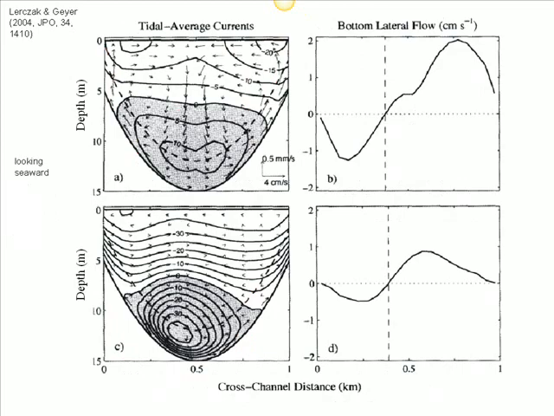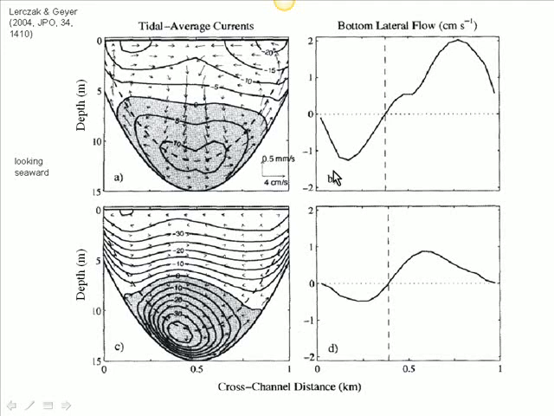Here are the results when you add rotation to the numerical solution. Again, the outflow now is a little stronger on this side because of rotation, and the inflow is also tilting. Notice the interface is tilting because of rotation. And more evident here, the inflow is asymmetrically distributed to this area because of rotation.